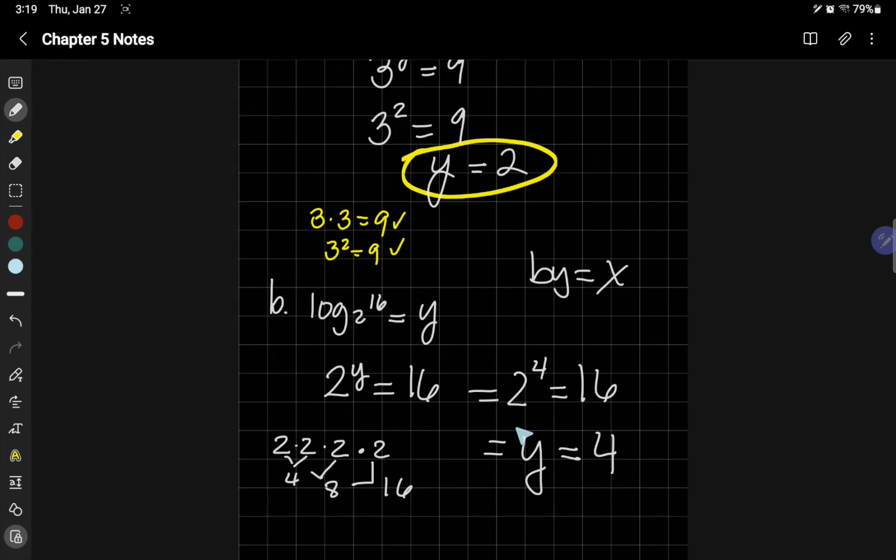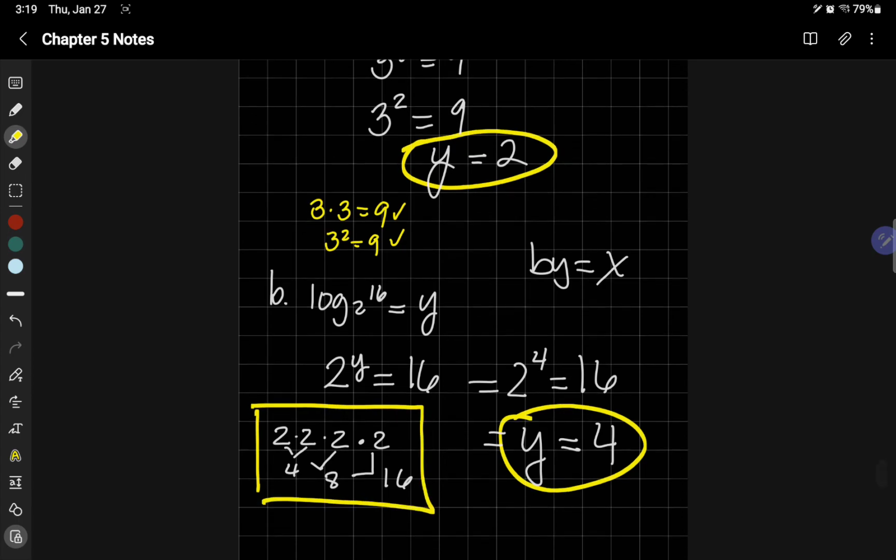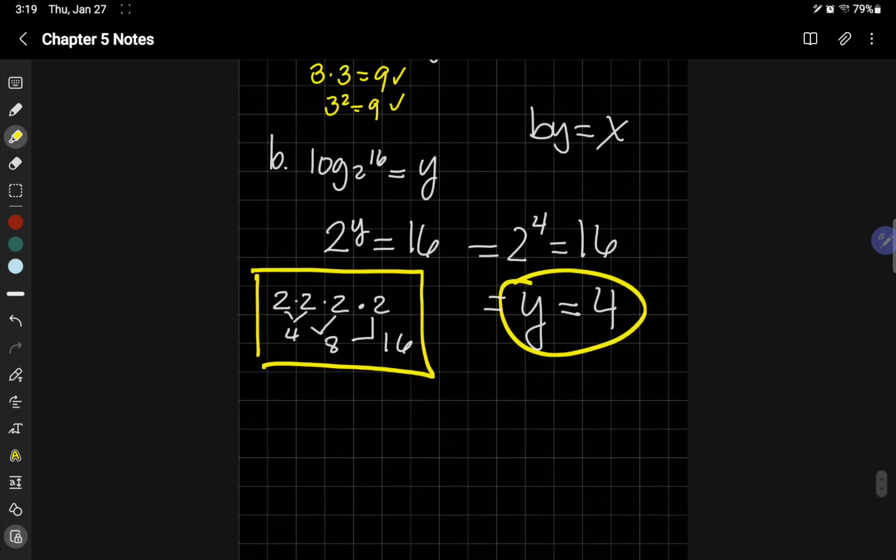Let's check the book. And am I correct? Yes, I have it correctly. OMG. By doing this, nothing bad about basic math. Okay, to get your answer. Get it right. Next one.